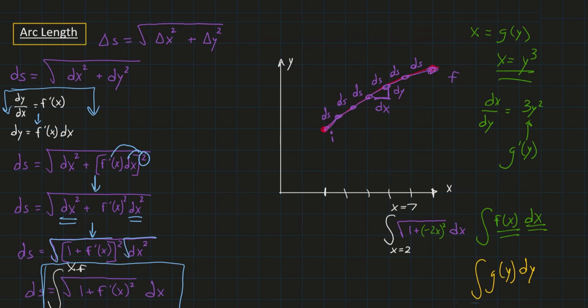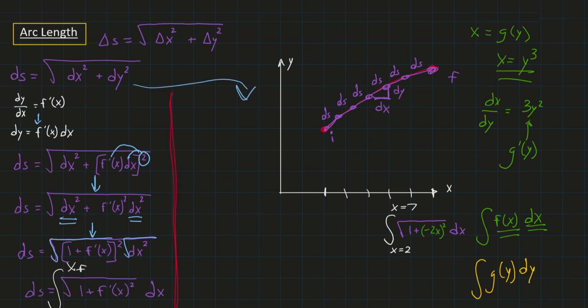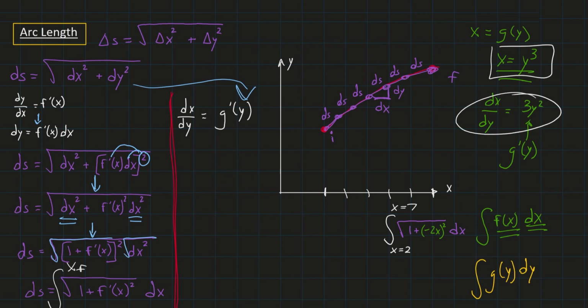Well, we can do the opposite now. Let's try to get dx out of here and make our integral a y integral, a dy integral. Well, we can do that. If we're given an equation in terms of y, the derivative of that equation will be dx over dy. Dx will be the rise, dy will be the run. And this derivative will be as a function of y, just like we're seeing in our concrete example. It will be in terms of y.